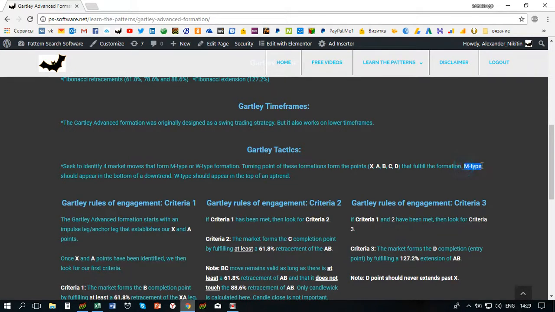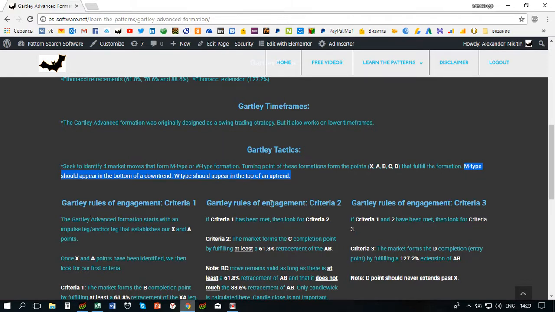M type, you see? M type should appear at the bottom of a downtrend, and W type should appear at the top of an uptrend. This means that M type is actually a double bottom and W type is actually a double top. That's it. Pretty simple. Two sentences that turn everything upside down.